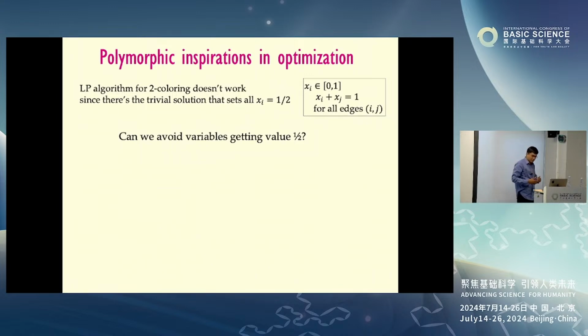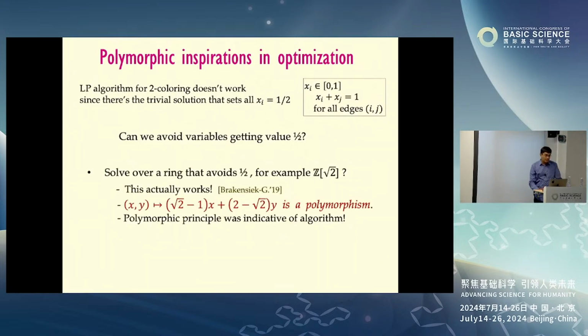That gives away from such games, but there's also something else, which is that can you solve problems which avoid root 2, square root 2 adjoined to integers, so it does not have half. So you can do the inspiration.